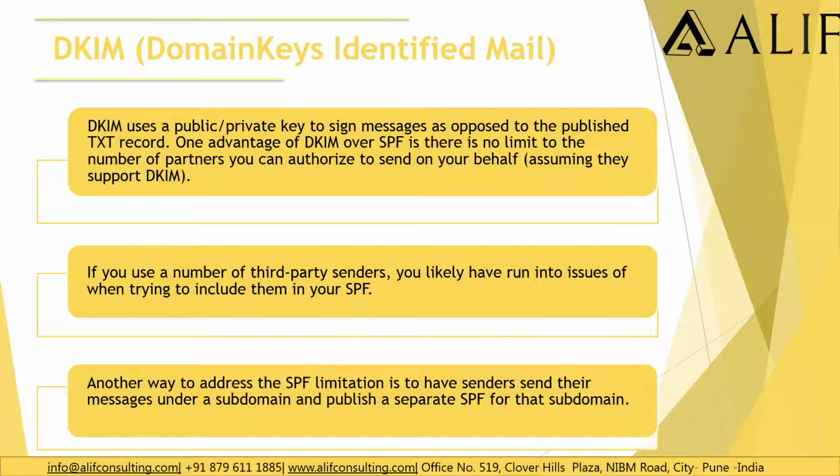Once it is received at the recipient side, using the DNS, because we publish these two CNAME records into the DNS, that DNS record would contain a public key, and with the help of that public key it would decrypt those emails, so that the recipient can check that the sender is a valid and authorized sender.